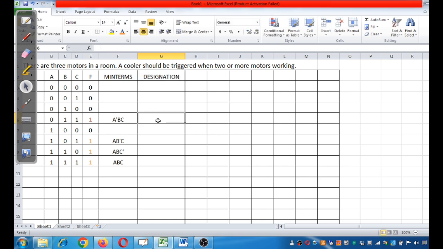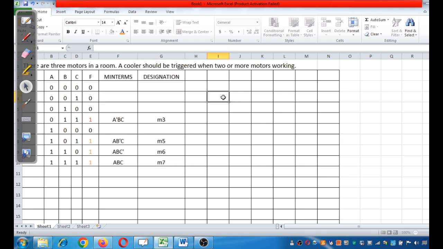I can designate this term as M3 because this is the min term corresponding to the combination 0, 1, 1, and 0, 1, 1 is the binary pattern for decimal number 3. So I am calling this M3 and calling this M5 and calling this M6 and calling this M7.